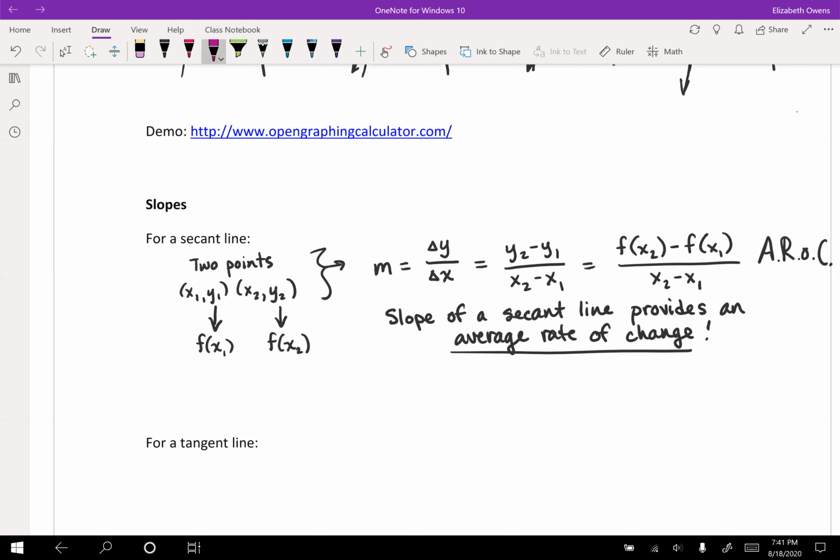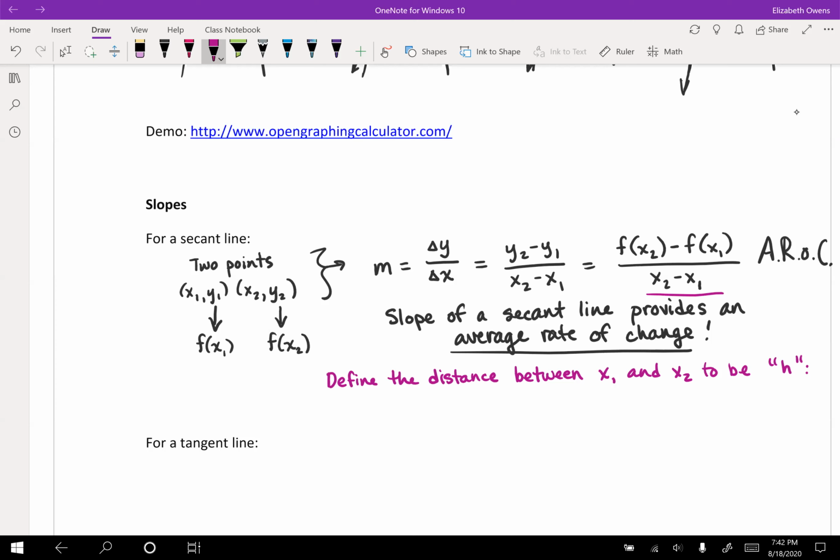We are going to take that denominator, the x2 minus x1, and define the distance between our two x values, between x1 and x2, to be another little variable called h.